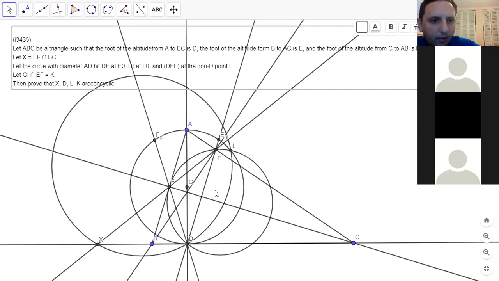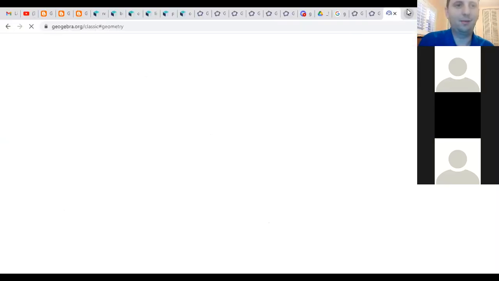DEF at L. Yeah, okay, so, all right. I have way too many tabs open.